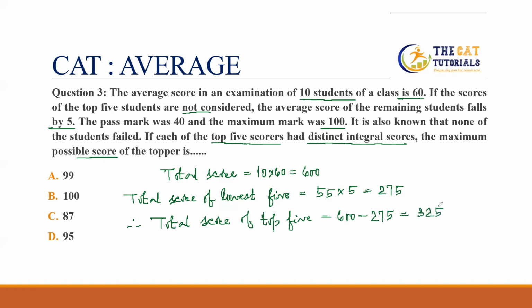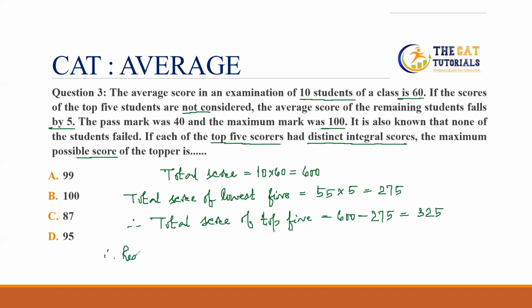So we have to find the maximum possible score of the topper. We can get the maximum possible score of the topper only when we keep the remaining 4 students at their minimum level. If we keep them at their minimum level, we can get the maximum possible score.